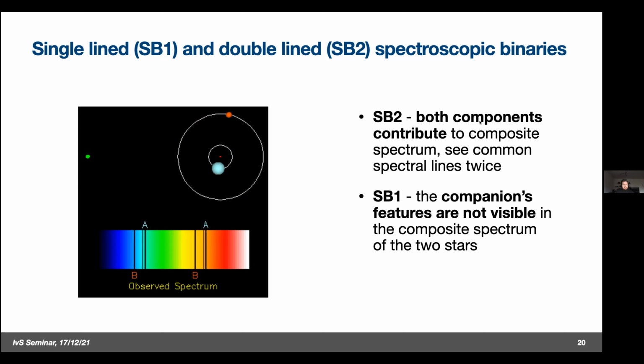Another reason you might not be able to see the secondary component is that it might not emit light. Objects that don't emit light in these systems could be, for example, neutron stars or black holes, so compact objects. Or rather, they don't emit optical light.